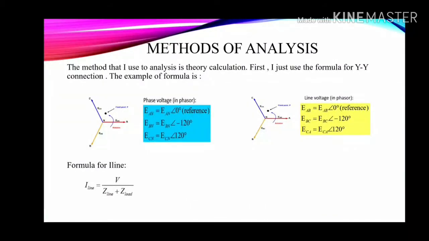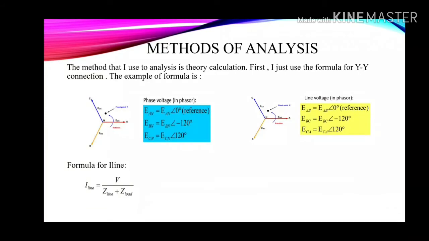Method of analysis. The method that I use to analyze is theory calculation. First, I use the formula for star to star connection. The formula is, as we can see in the slide, phase voltage in phasor and line voltage in phasor.